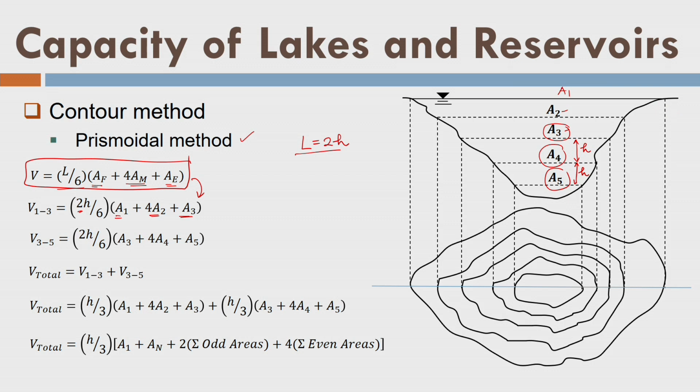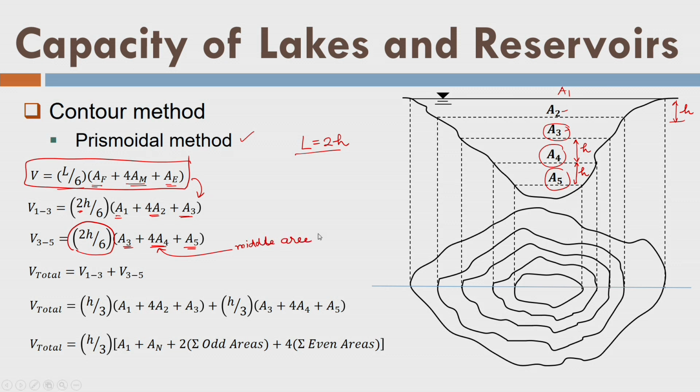So, basically this is the h interval, or what we call the contour interval, fine. Okay. So, again I am using 2h by 6 here, and then A3 plus 4A4 plus A5. So, here A4 is nothing but my middle area, fine.